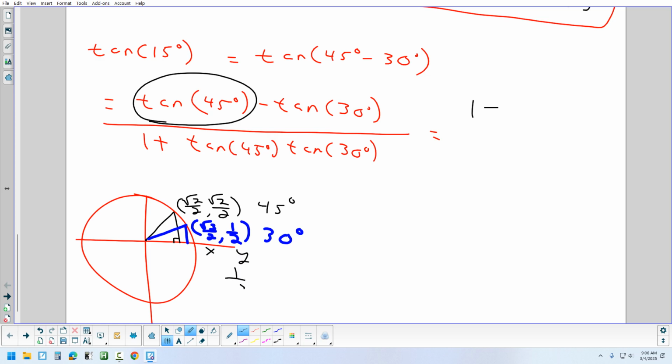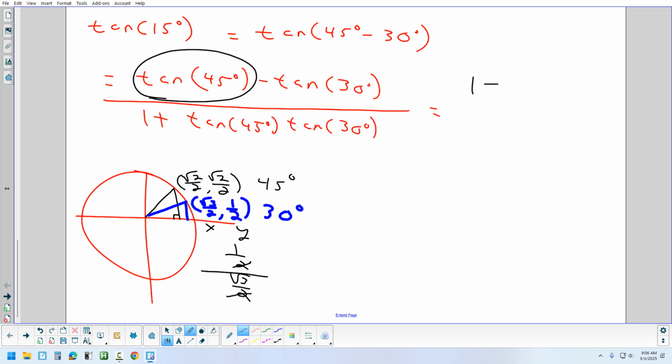Y is a half. X is root 3 over 2. Can't keep it like that. What happens when you divide those two? The 2's cancel, so you get 1 over root 3, which you can't have like that. So you multiply by root 3 on top and bottom. So that's root 3 here, multiply by 1.